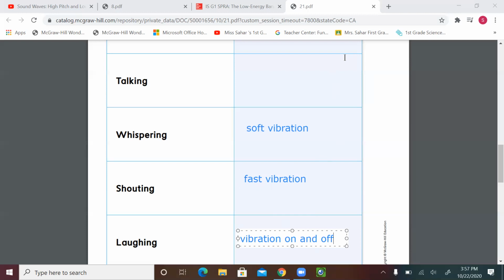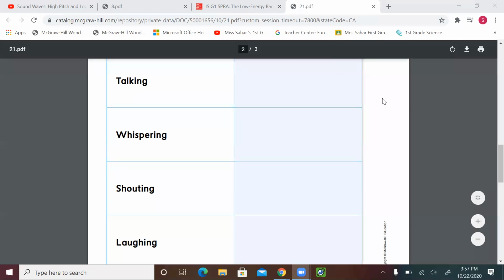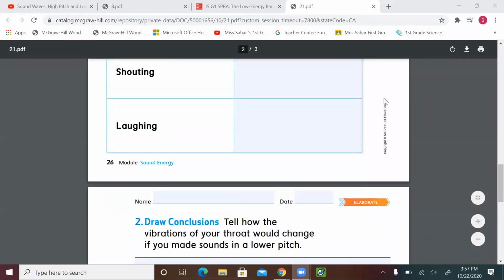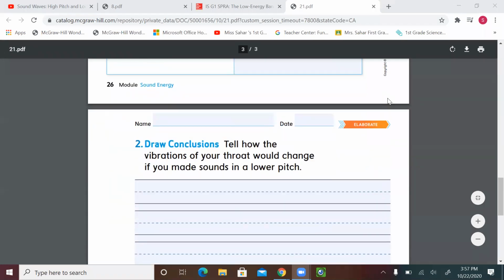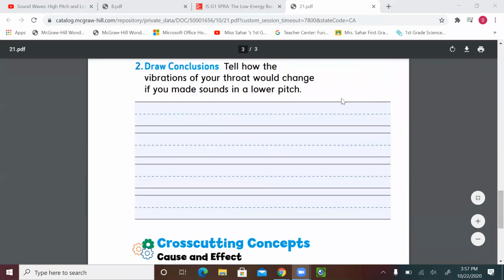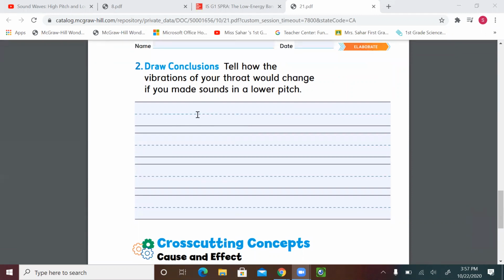Need to clear this in order to go for the next page. All right, let's go for page 27. As usual, we need to draw a conclusion. Means what did we gain or understand, or the main idea from all this experiment and exercise we did.